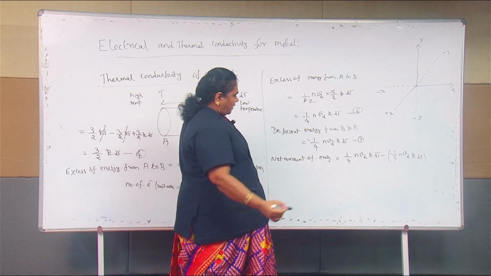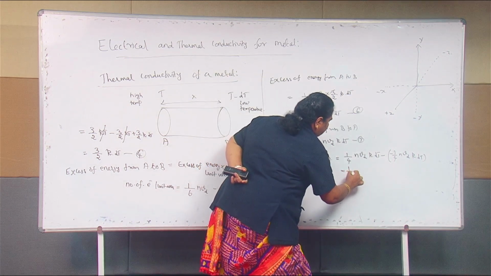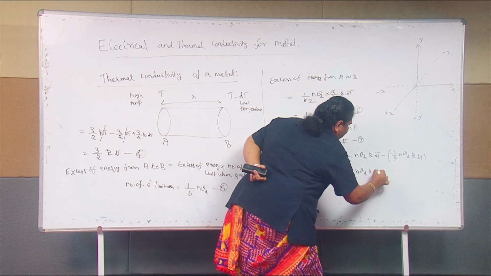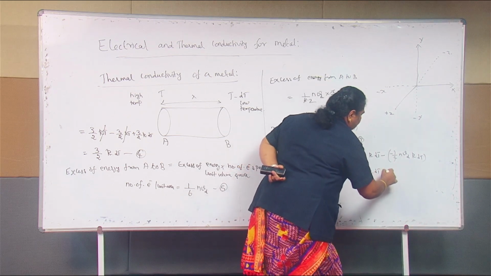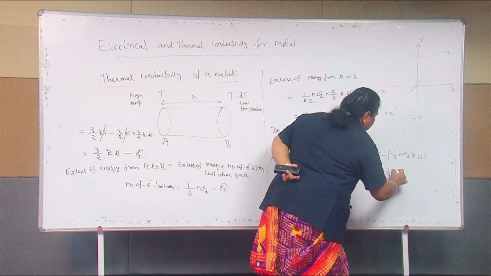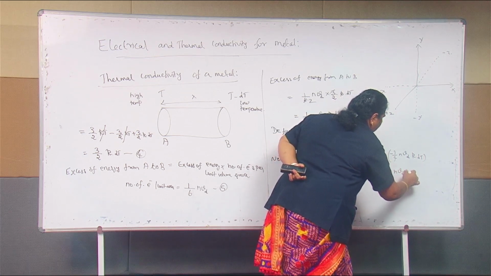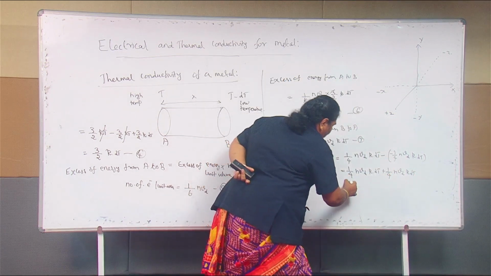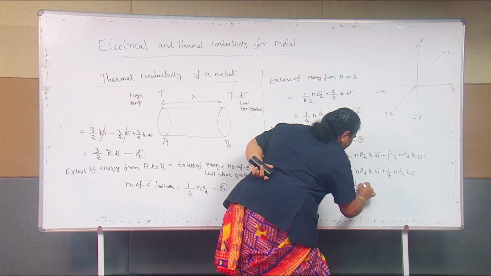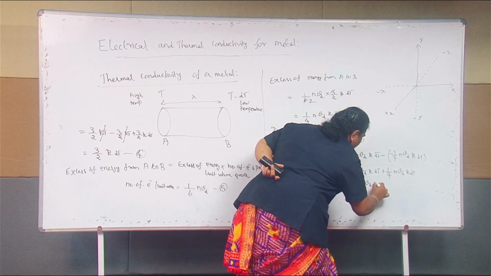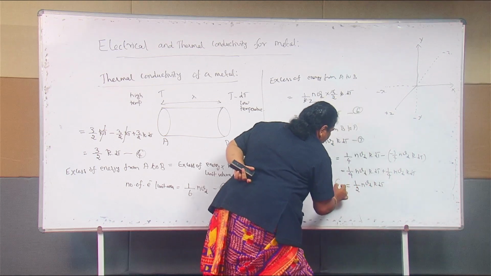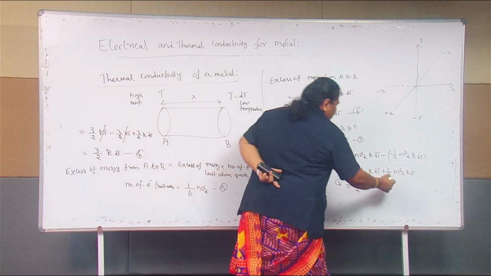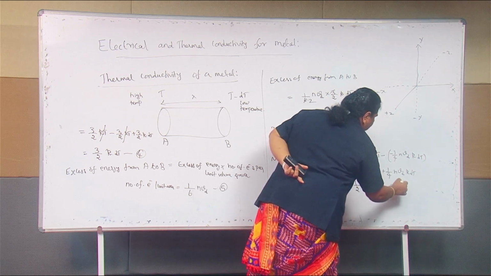So we get 1 by 4 n Vd k into dt plus 1 by 4 n Vd k into dt. So how can we write it? 1 by 2 n Vd k into dt. This is the net energy from A to B. Put it as equation number 7.